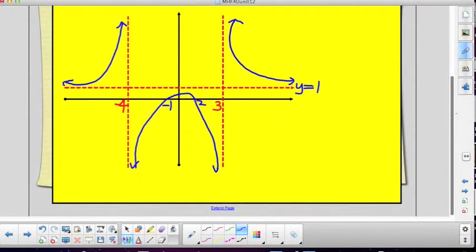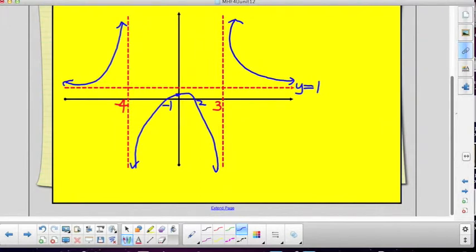And remember, my y-intercept is up here, so your graph has to tell the story of everything that you discovered in the previous 4 steps. If your graph doesn't match the other steps, there's a problem.